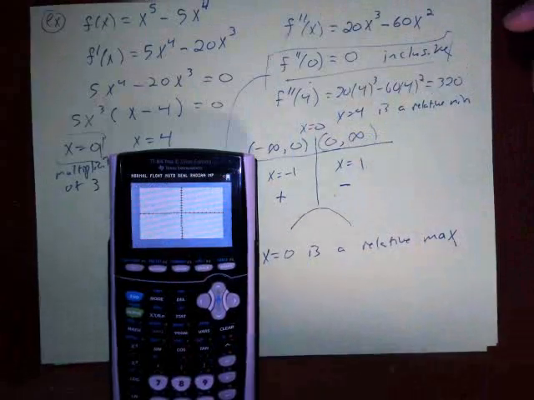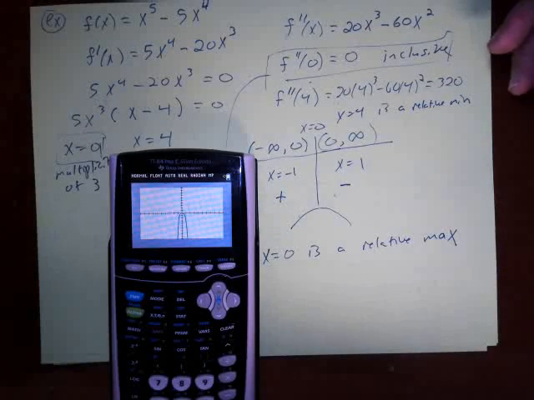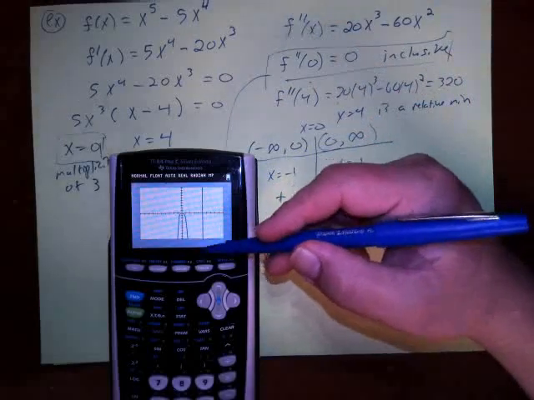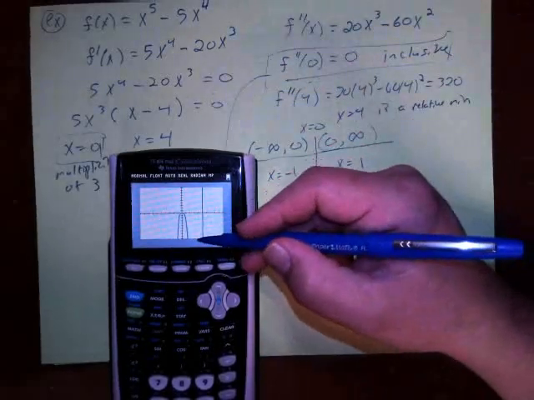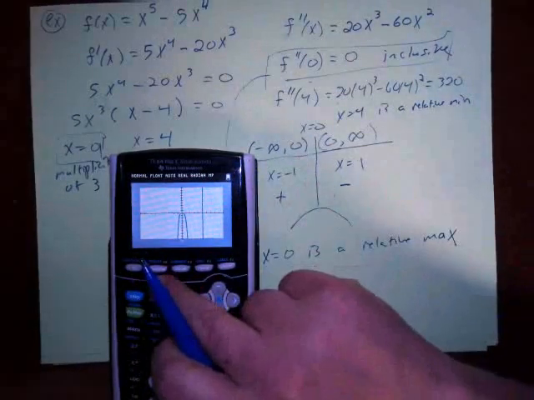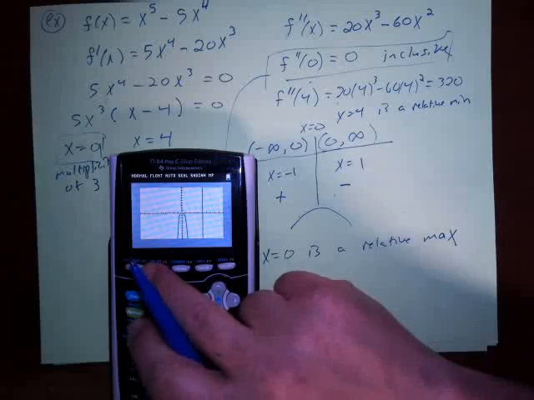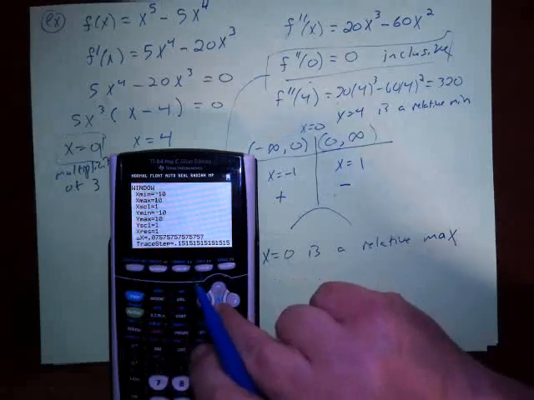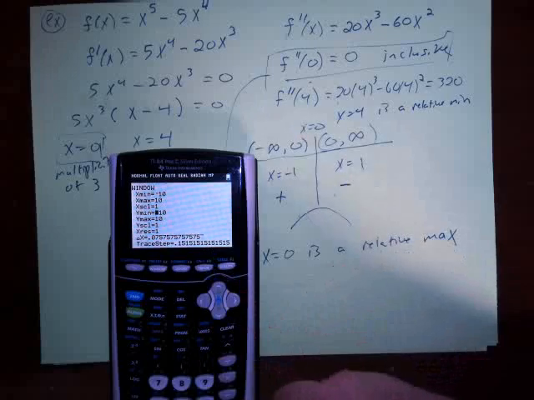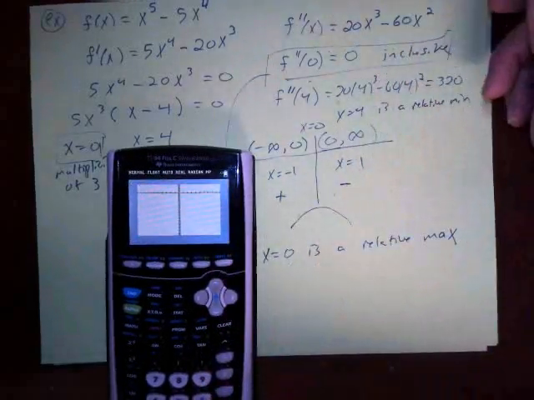Hopefully get a more full picture. Okay, so this looks like here at 4, that does look like a relative min, and that does look like a relative max. So let me hit my window here, and I'm going to have to change this to probably -50. That might give it to me.